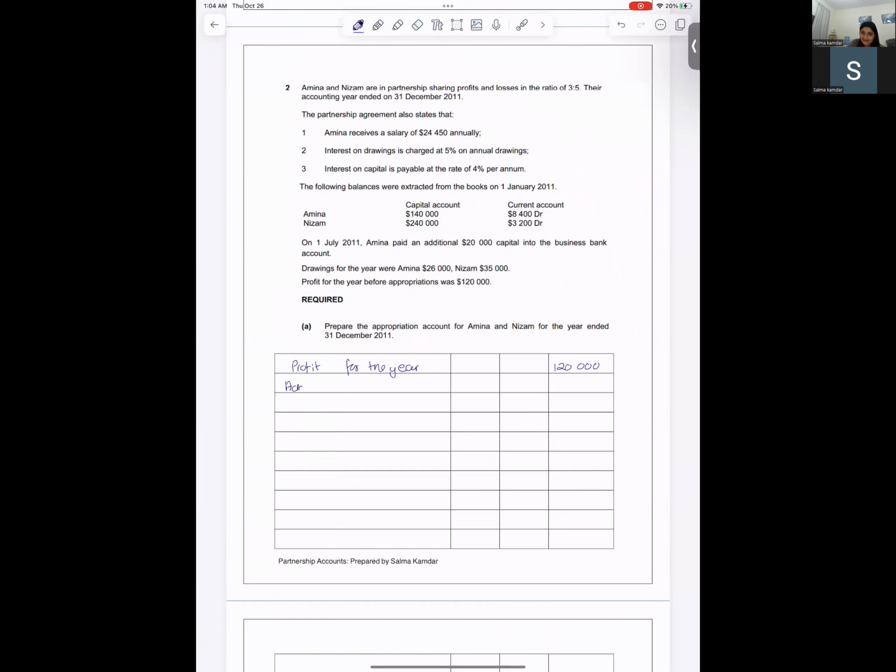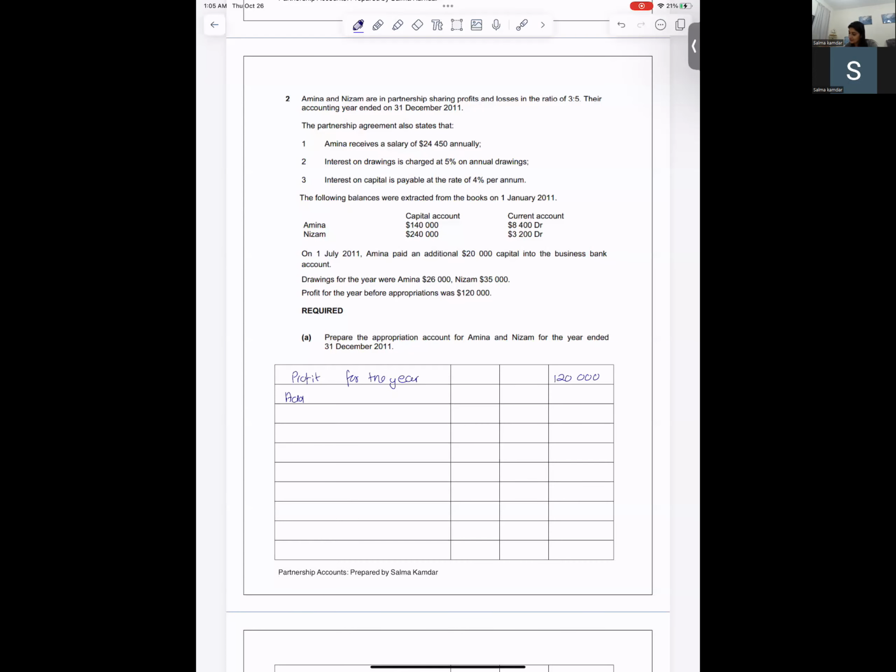You will add interest on drawings. What is the interest on drawings? 5%.